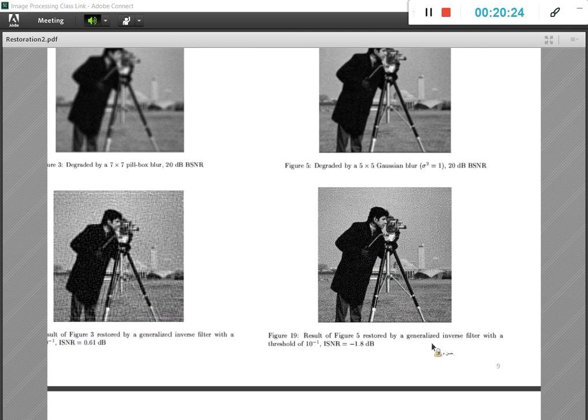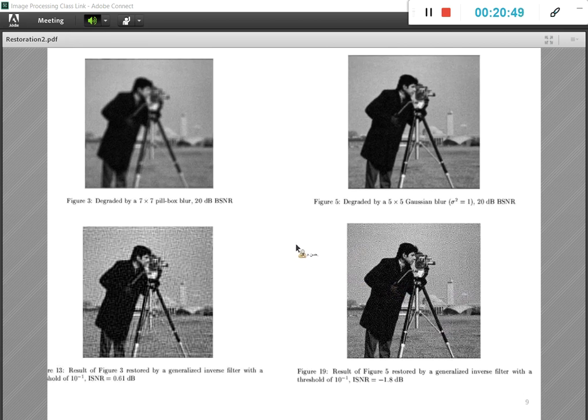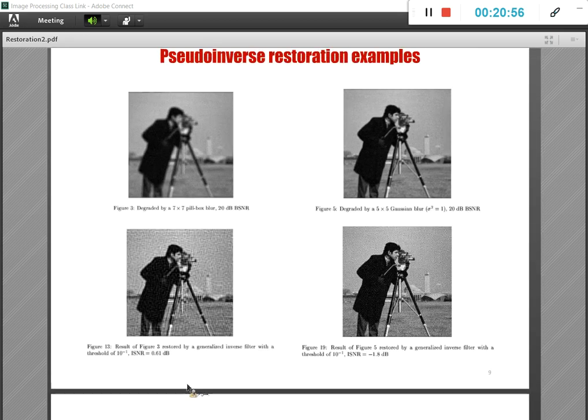Again with a threshold of 1/10 for pseudo inversing, and you see the ISNR is negative, which isn't good, but it is a very small negative, not for example minus 30 dB, so it is negligible, and you see again a good result. This slide is much better compared to that one.